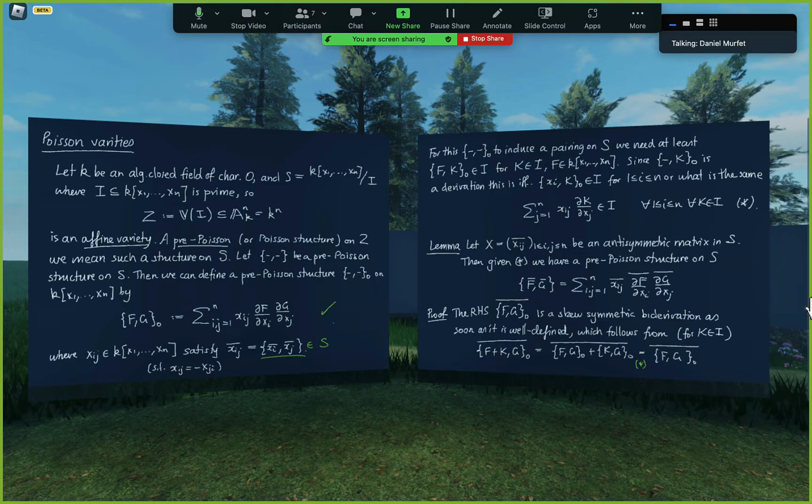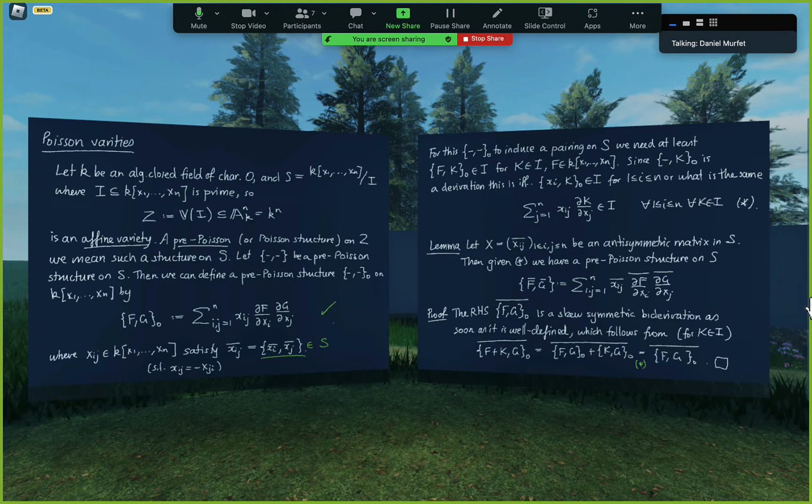Okay. So the right-hand side is in fact independent of the choice of representatives, and then it's easy to see just from its form that it's a skew-symmetric biderivation. And that's it. Right, this is the definition. Okay, so to get a pre-Poisson structure on a quotient, I just have to have this condition star.